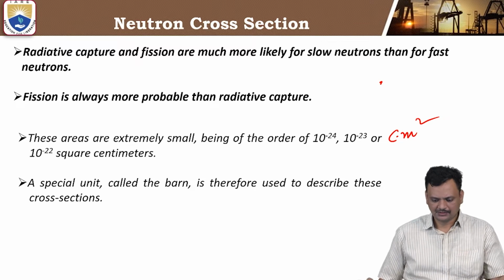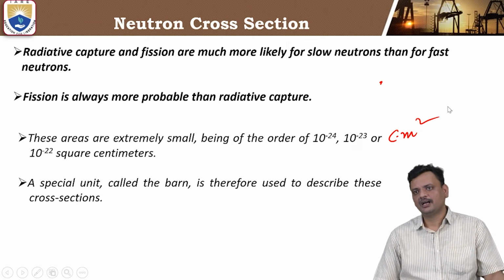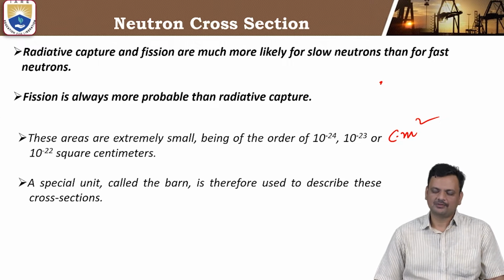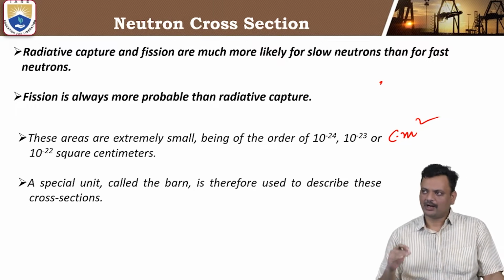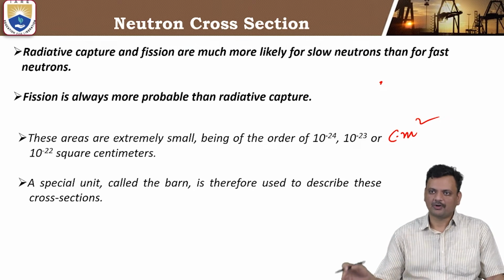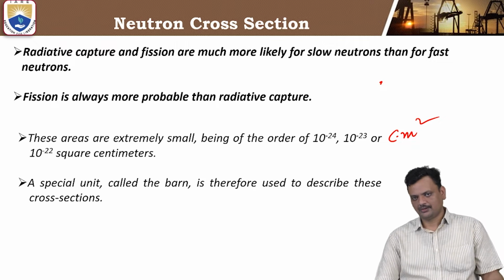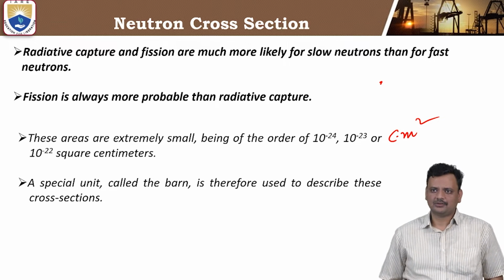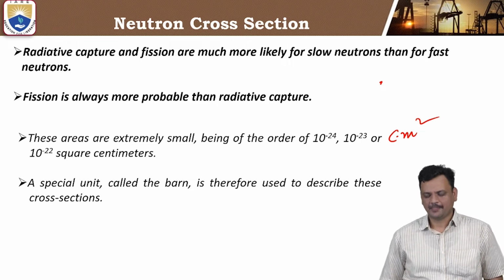These areas are measured in terms of barns. 1 barn is equal to 10 to the power minus 22 centimeter square.